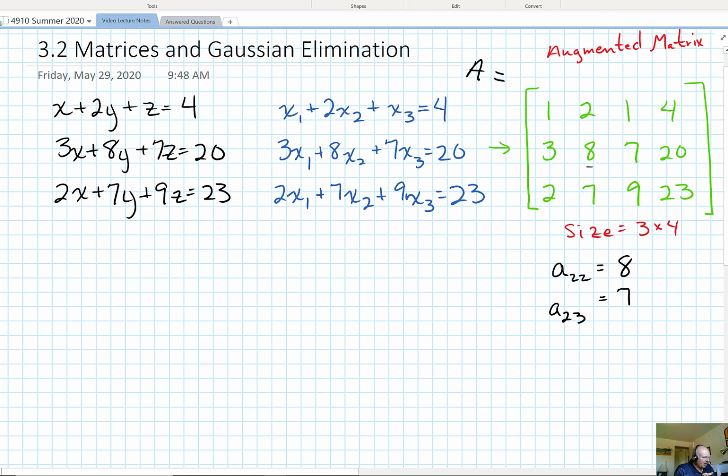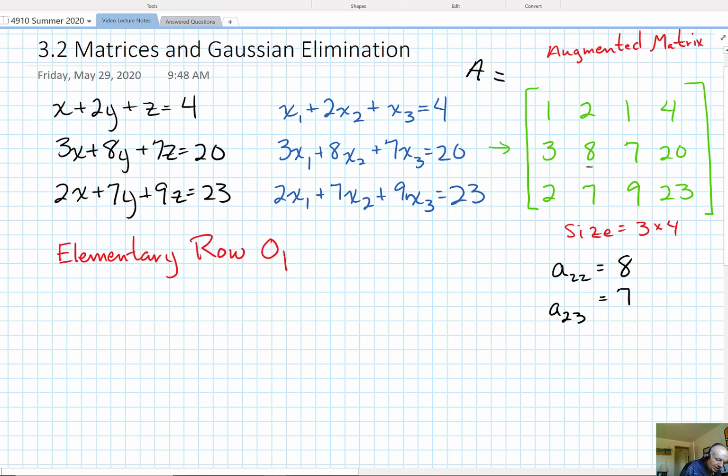So we can use subscripts to identify which particular entries we're talking about. Okay. Now, let's talk for just a second about what we mentioned as our elementary row operations.